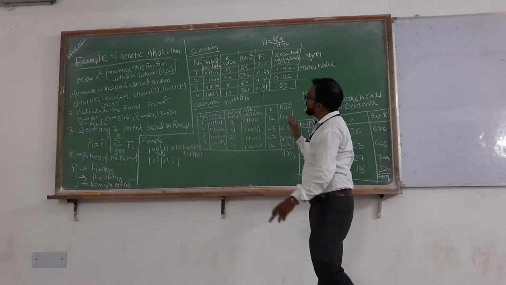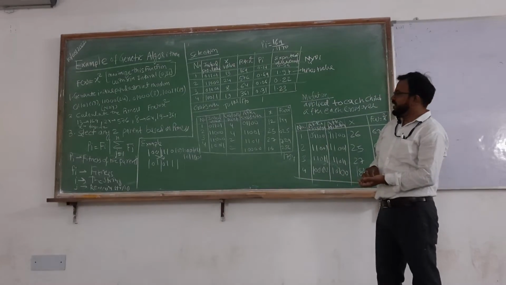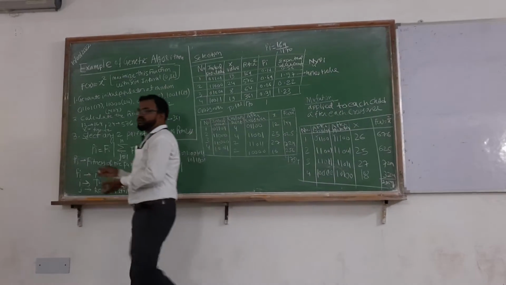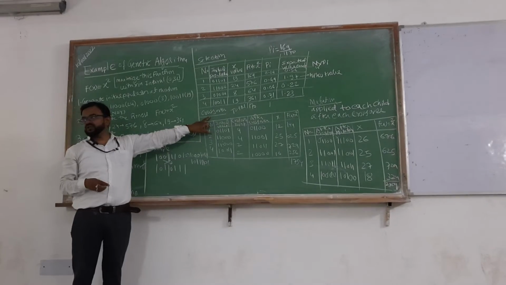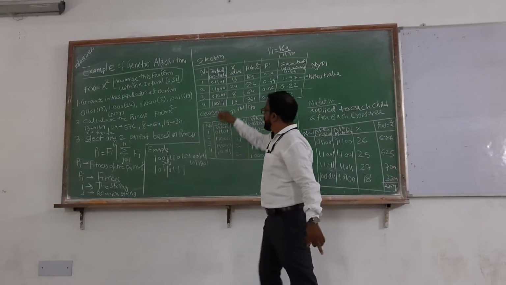Now you can see that after the selections, you have to apply the concept of crossover. What is the concept of crossover? Here you can take the crossovers again. You have to write down all these values.